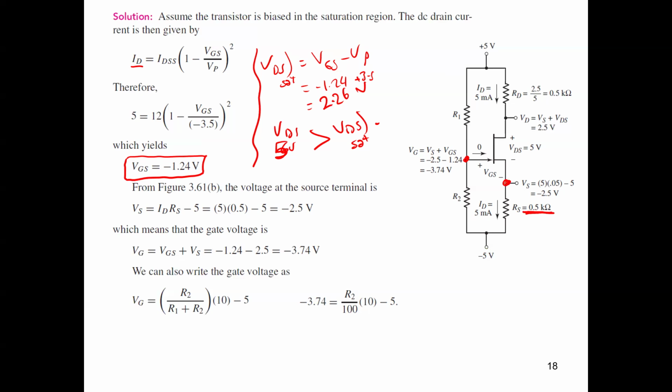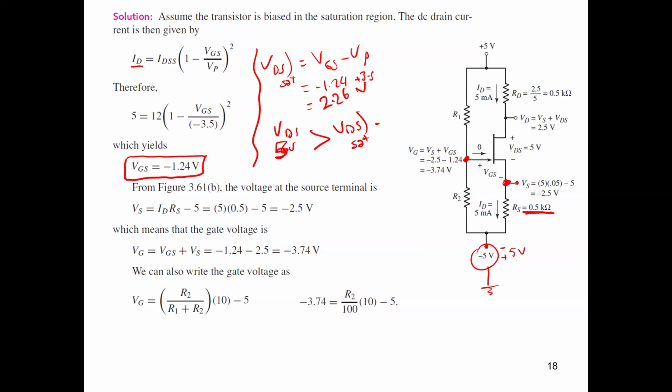If you apply Kirchhoff loop here from here to ground, this is connected to a source, minus 5 to ground, so this is a supply, 5 volt. So 5 milliampere times 0.5 kilo ohm minus 5 volts. So the Vs equals minus 2.5 volts.